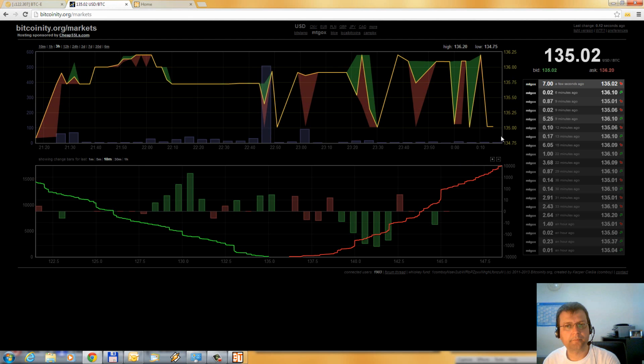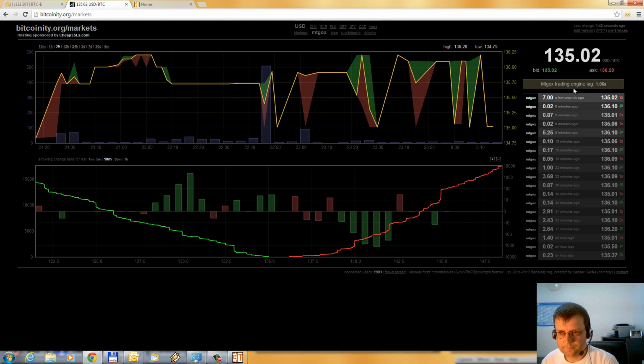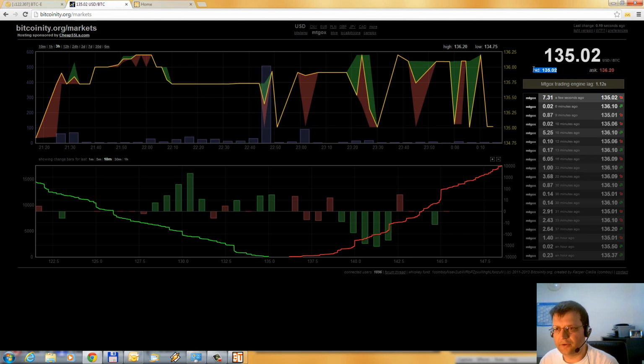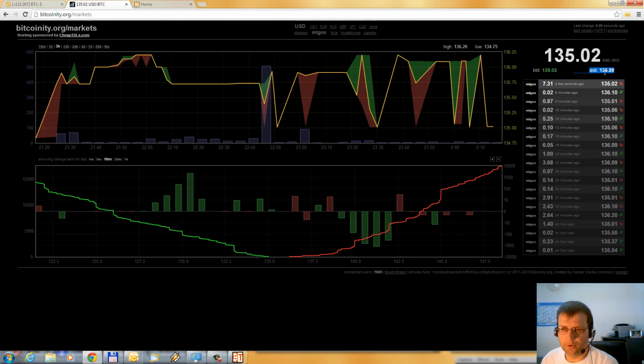Okay, just going back to the site, and here this information is displayed if there is a trading lag, and on the left you can see the highest bid, and on the right you can see the lowest ask of the current market at Mt. Gox.